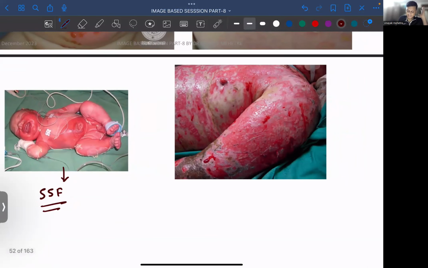What I'm saying? A young adult with full redness on the body will be called as TEN. Okay, TEN. Remember this point, catch this in the paper too.